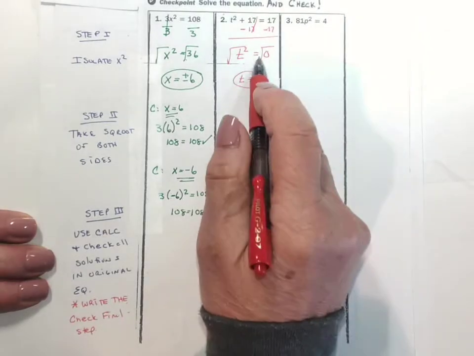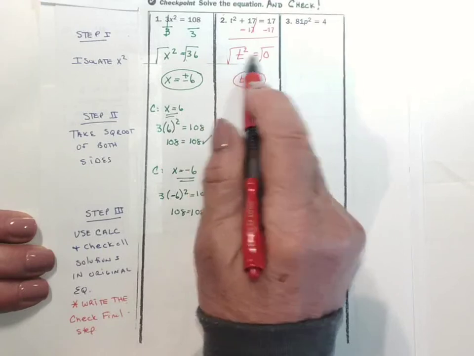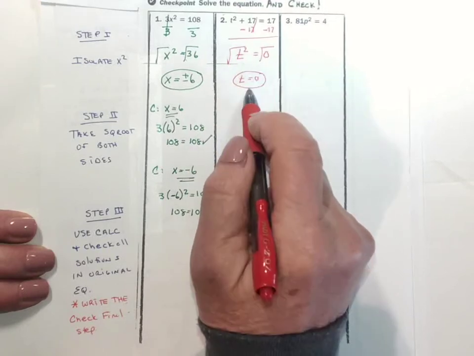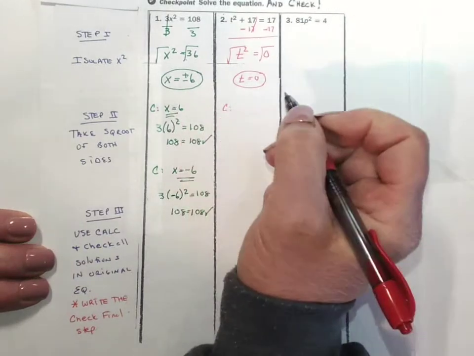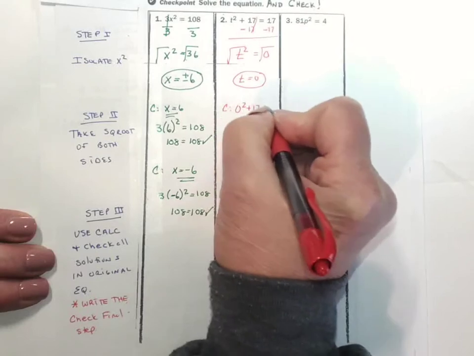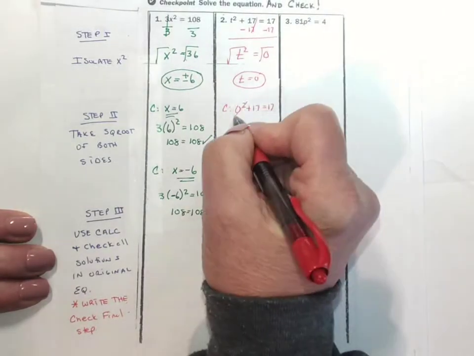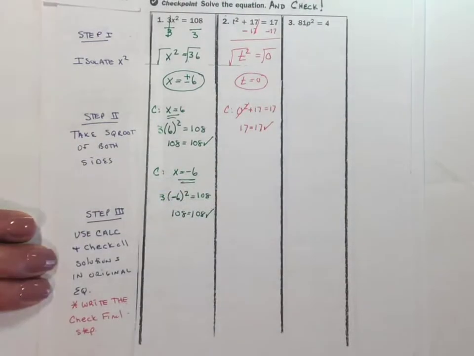So notice here I isolated the squared term. I've got it equal to 0, so I only have one solution. And so if I check it, I'm going to get 0 squared plus 17 equals 17. That cancels out and I get 17 equals 17. Cha-ching, it checks.